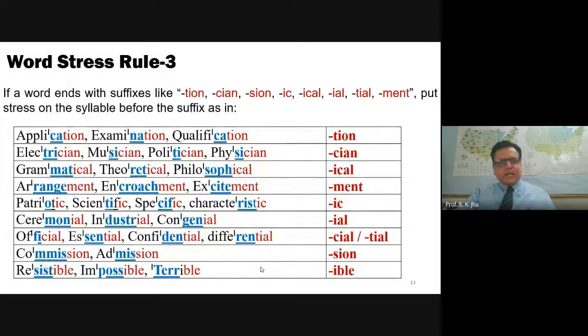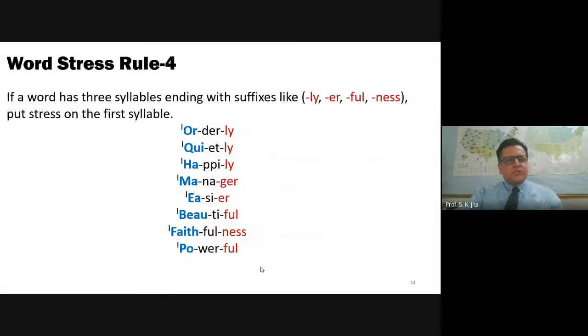Well, I'll move to the next rule. That is word stress rule 4. What does this rule say? This rule says that if a word has 3 syllables ending with suffixes like ly, er, ful, ness, then what will you do?